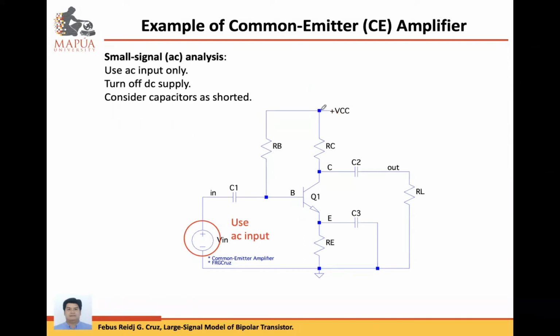So this kind of circuit notation means that we actually have a voltage source plus VCC. So that means on that node, you have the positive terminal and the negative terminal will be connected to the ground. And the voltage is equal to the VCC.